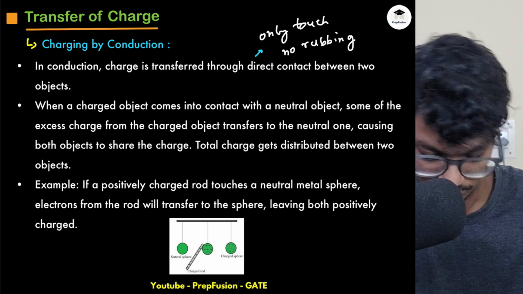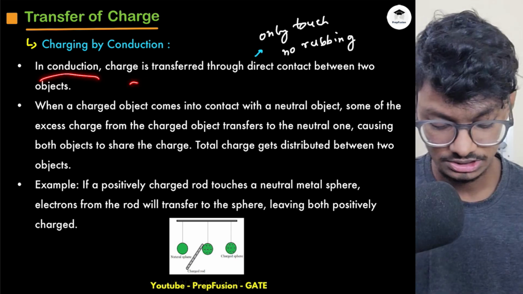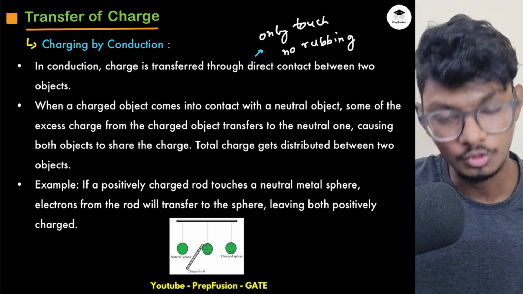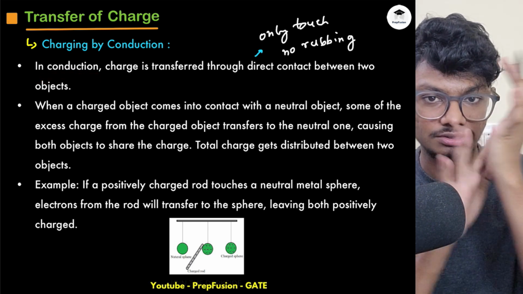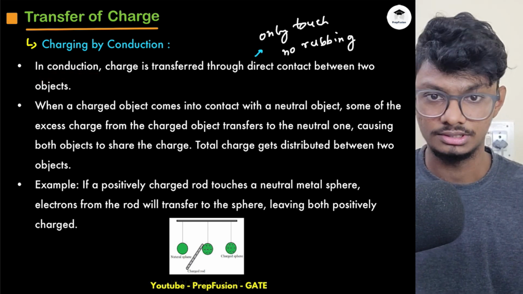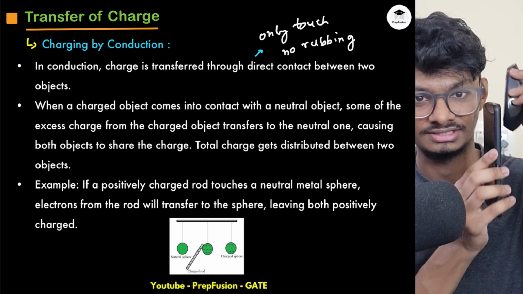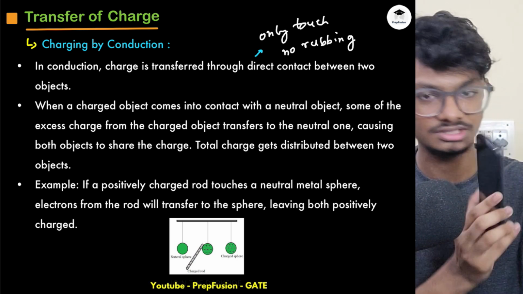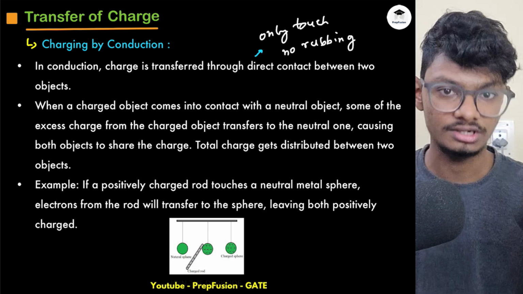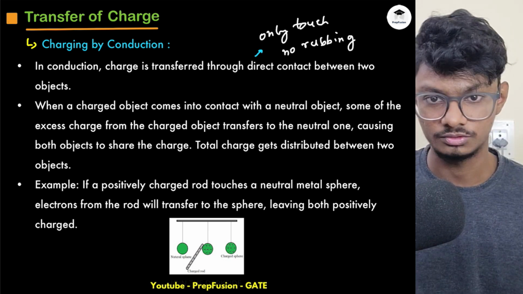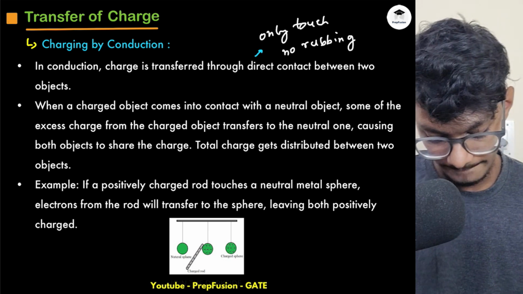So in conduction, charge is transferred through direct contact between two objects. If I just touch two metals, let's assume this is a conductor and this is a conductor, if I touch these two, the charge just transfers and that's it, right? So I don't rub this. Rub means this. Okay, we don't do this.